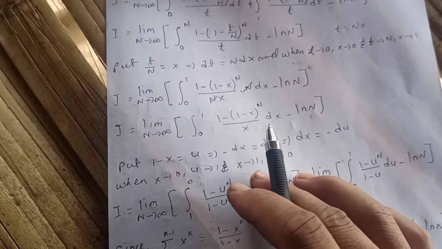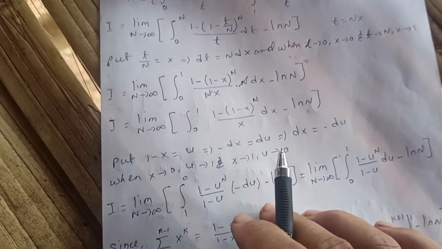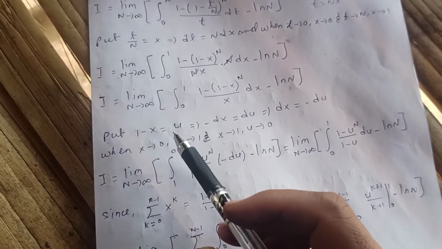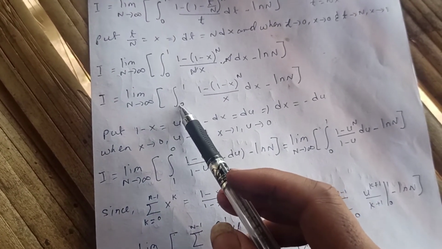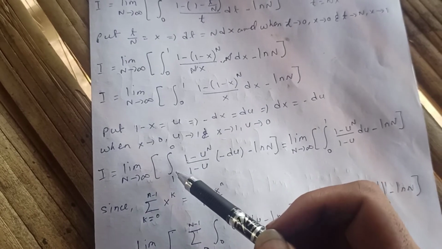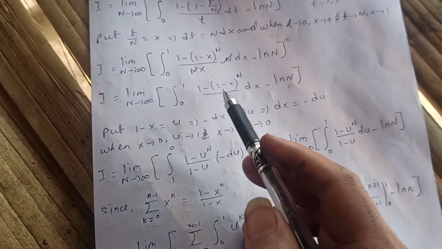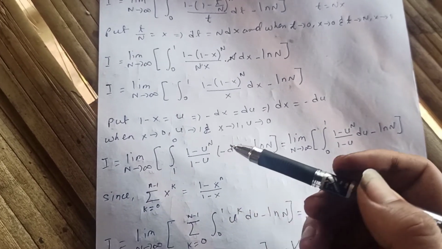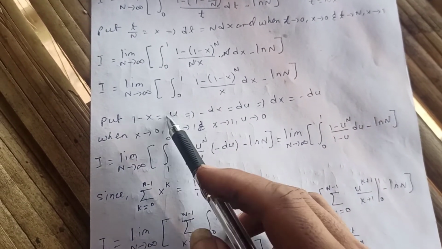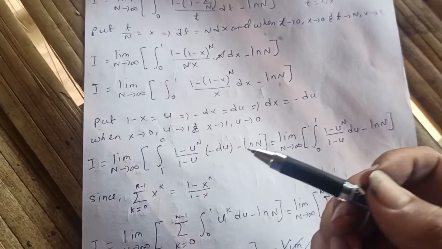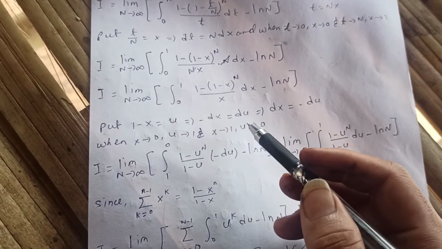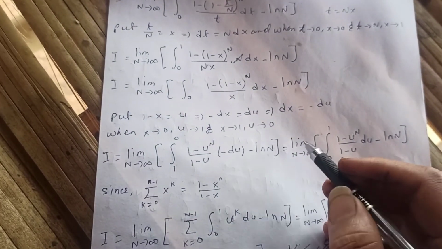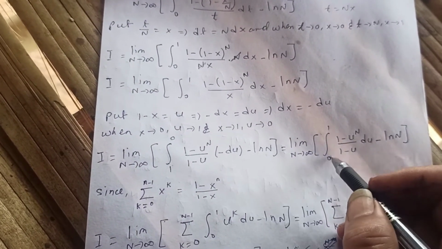So I is equal to the limit as n tends to infinity of the integral from 1 to 0 of u^n upon 1 minus u, since 1 minus u is equal to x and dx is negative du, minus log n.